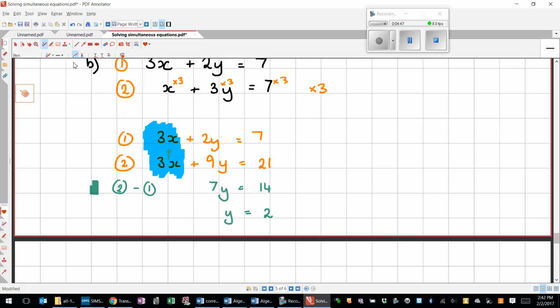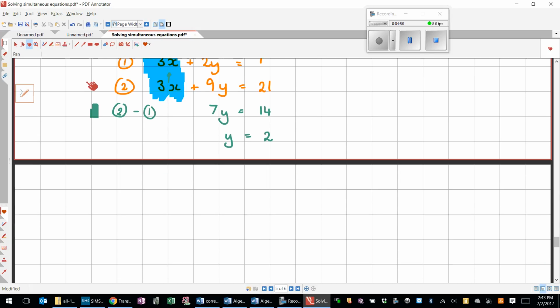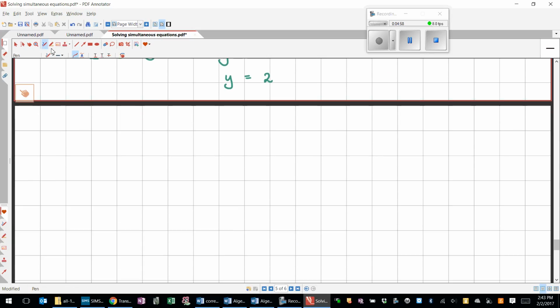No? Right. Let's have a look then. What happens if we have it slightly different? I'm going to have a look at h. So we've got 3x minus 2y equals 5.